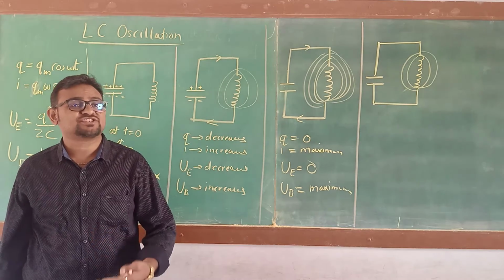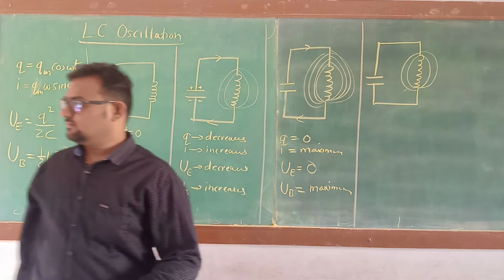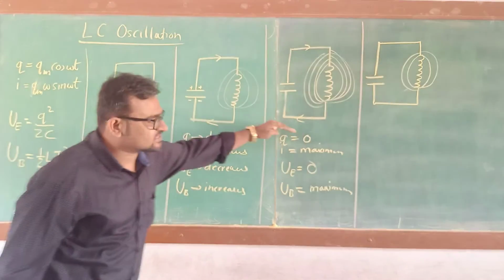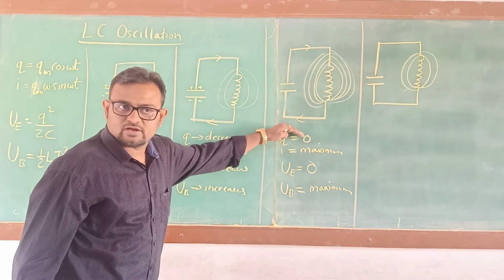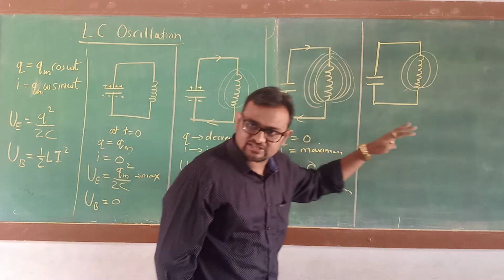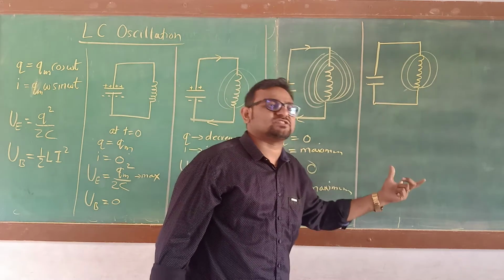It is charging the capacitor. In the previous step, it was discharging the capacitor, and the energy in the capacitor was converting to energy in the inductor. Now the current decreases and charging of the capacitor takes place.